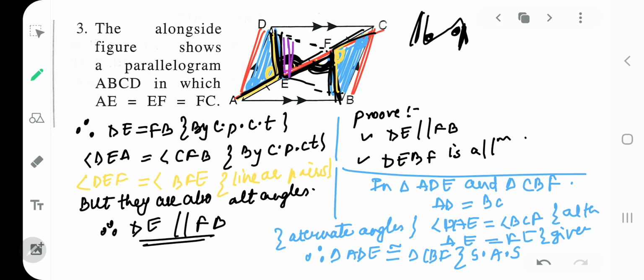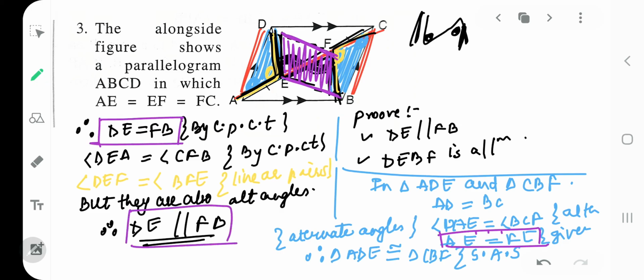Now you have to prove that this part D, E, B, F is a parallelogram. How to prove that this is a parallelogram? For a parallelogram, you have the condition that the opposite sides should be equal as well as parallel. You have proved both the conditions. You have already proved that DE is equal to FB, and here you have proved that DE is parallel to FB.